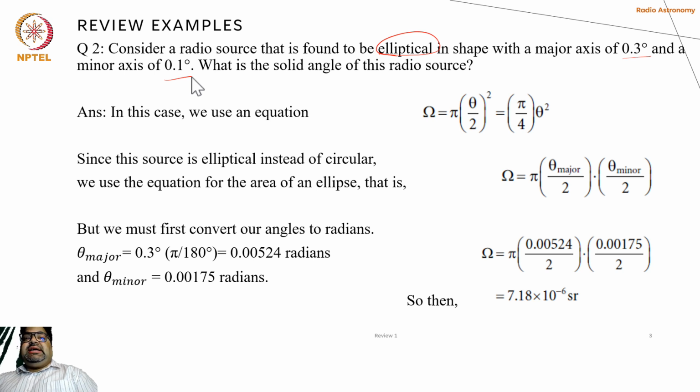What is the solid angle of this source? So here we are discussing a source that is elliptical in nature and has a major axis and minor axis defined, so what will be the solid angle subtended by the source?